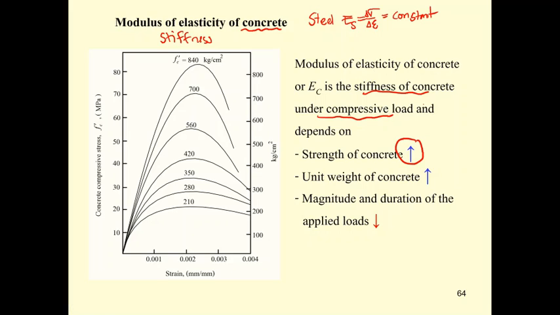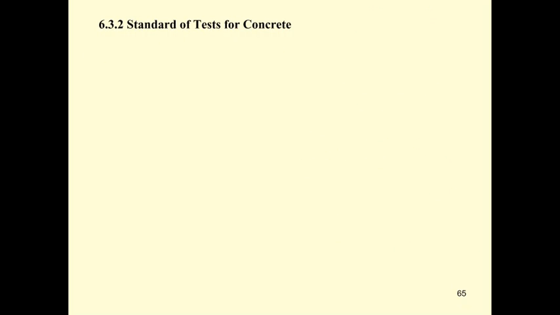Higher strength, higher stiffness, because it has a high ability to resist the force, so it has a high ability to resist the deformation. And the unit weight also matters: with a high unit weight, the concrete is compact, and a compact concrete is going to have high strength and stiffness. But the magnitude and duration of the applied force is going to reduce the modulus of elasticity.